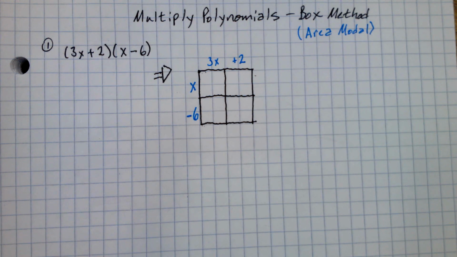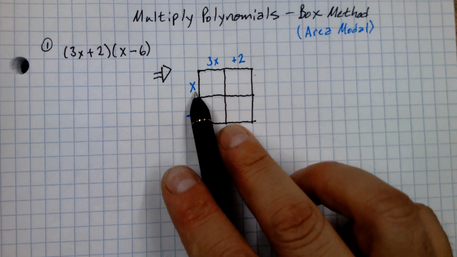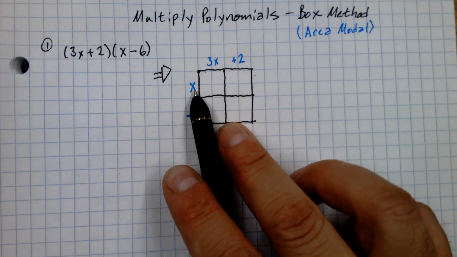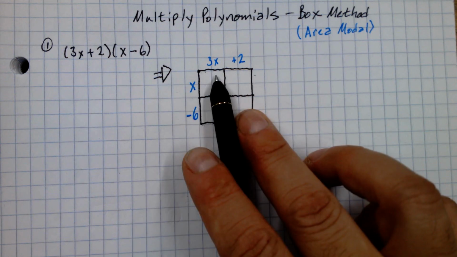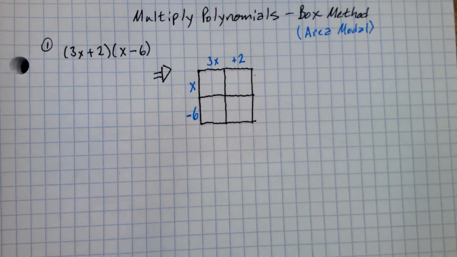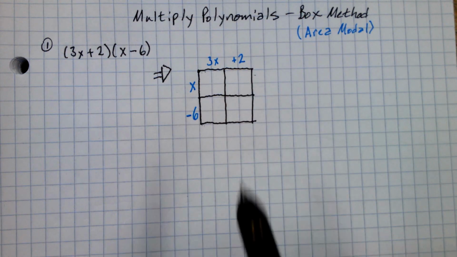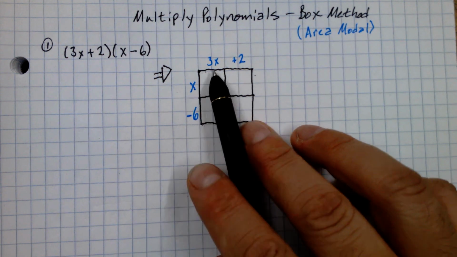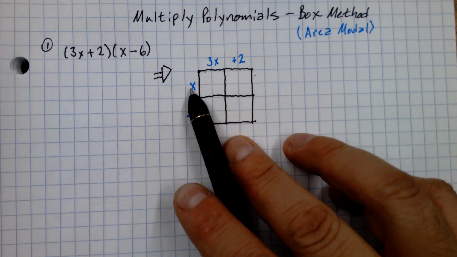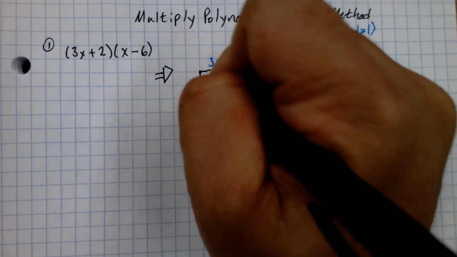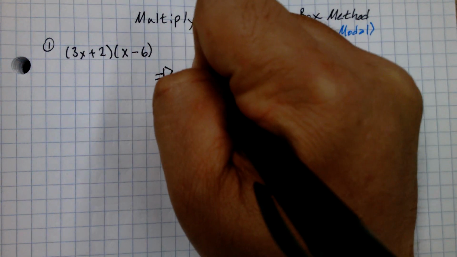Okay? So here we go. It's just knowing how to multiply with variables and then combining the like terms at the end. I'm going to multiply x times 3x. What do I get when I multiply x with 3x? 3x squared. The only thing that multiplies is x times x, and that's x to the second.